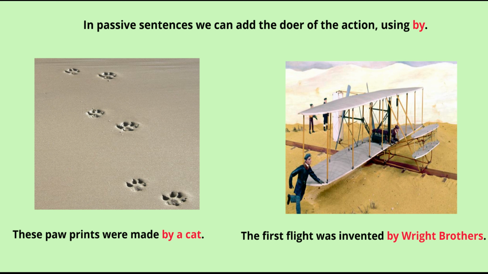So when we want to add the doer of the action, we can do that by adding by. In the second image, you can see the first flight. The first flight was invented by Wright brothers. So here you're adding the subject by using by.